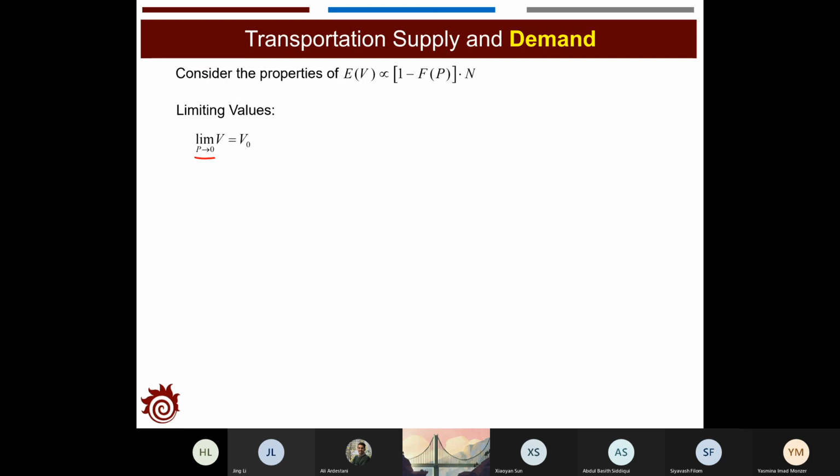And there's also another limitation. We can see that when the cost reaches a certain value, for example, if we want to go to Niagara Falls to enjoy some festivals, and the original cost of the trip is $20, probably you decide to go.